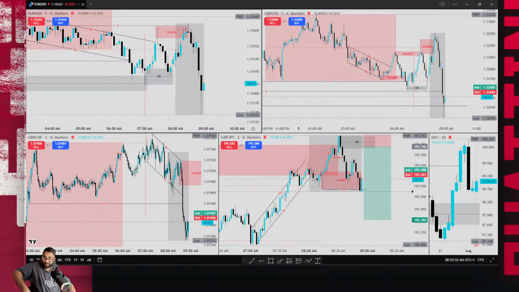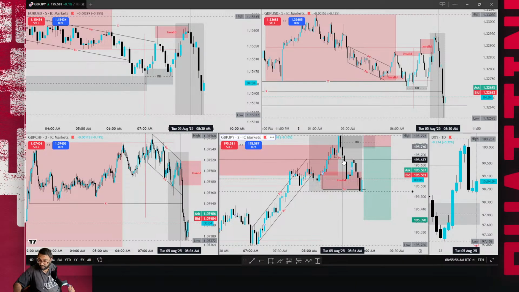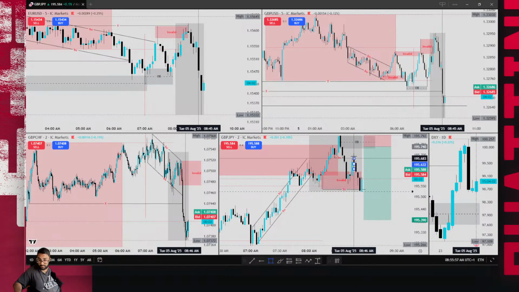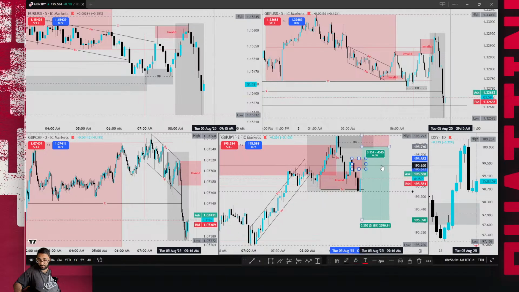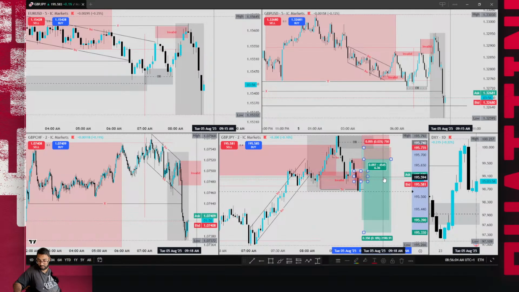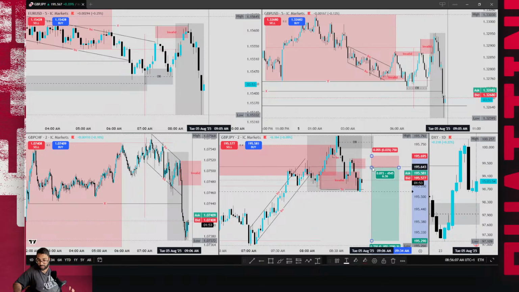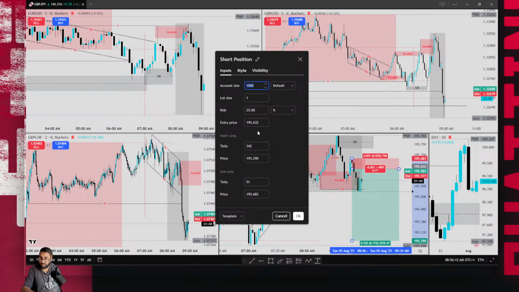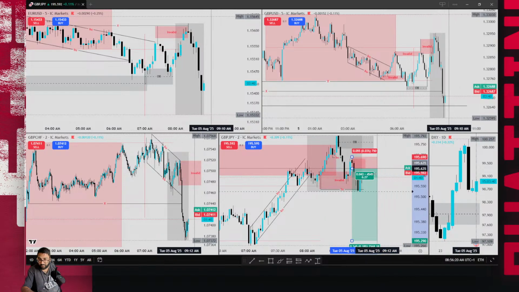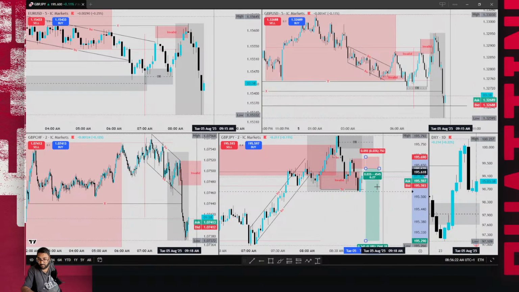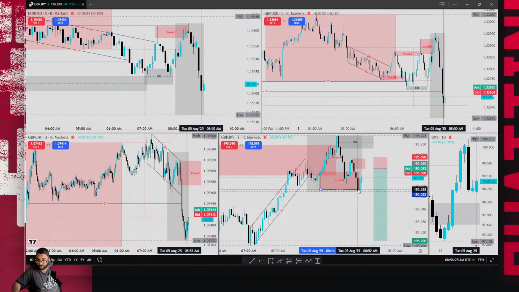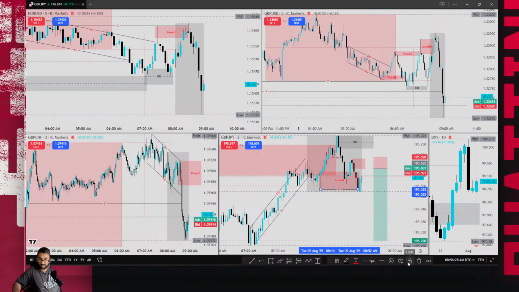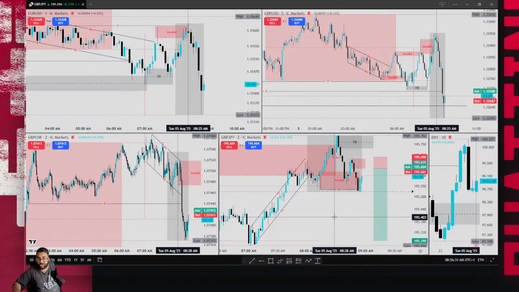Price broke it. And we have an order block. Actually, you know what? I'm just gonna take that one. Because now we've had a breaker structure here in the time window. Ah, but we got GBP.